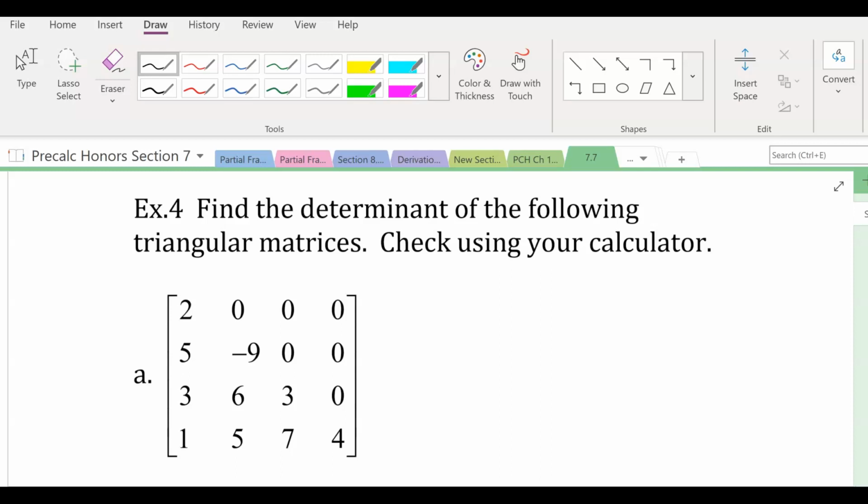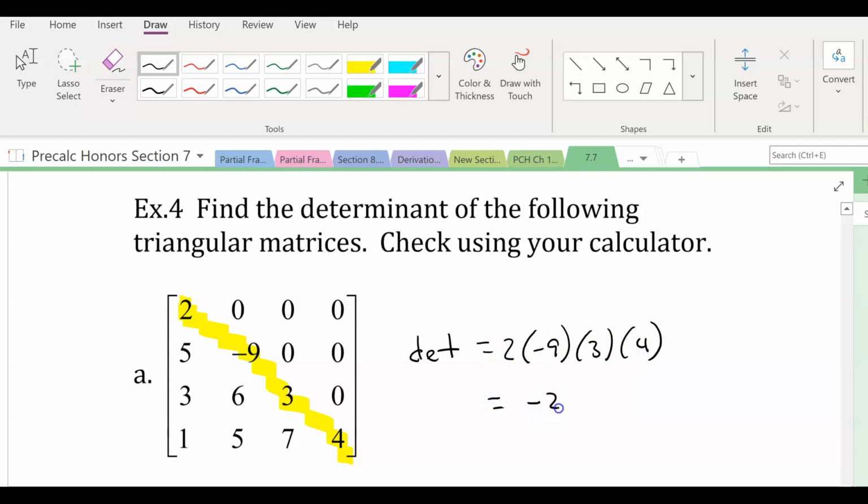So for this triangular matrix, all we need to do to find the determinant is multiply these values along the diagonal. So the determinant of this matrix is going to be 2 times -9 times 3 times 4, which ends up to be -216.